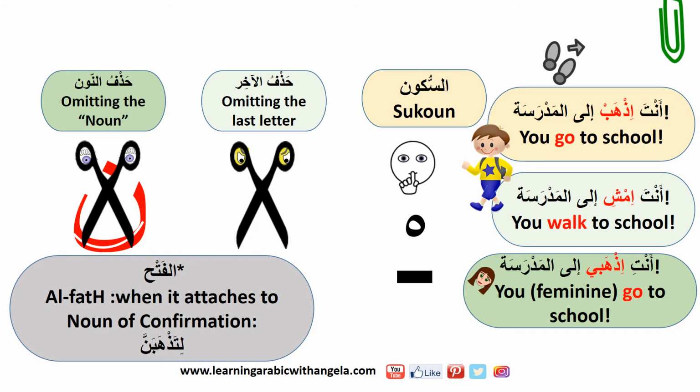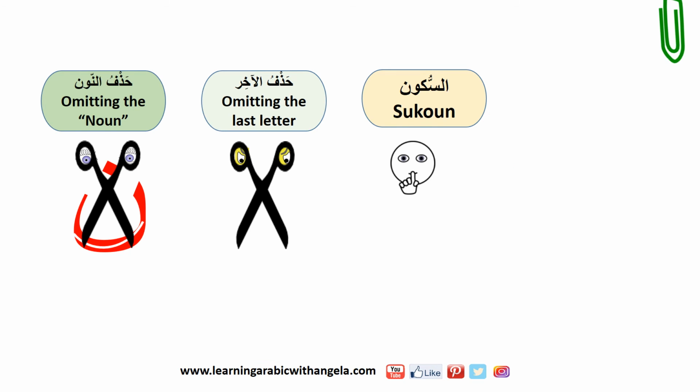And then we've got the omitting of the noon, and that is when we use the verb with the pronouns such as أنتما, أنتم, and أنتِ. Can you recall by yourself the 3 signs of the imperative tense in Arabic?